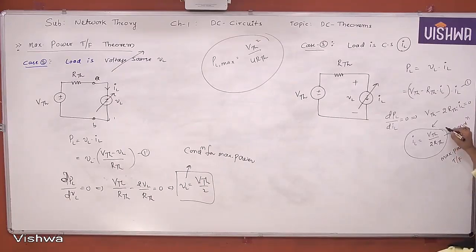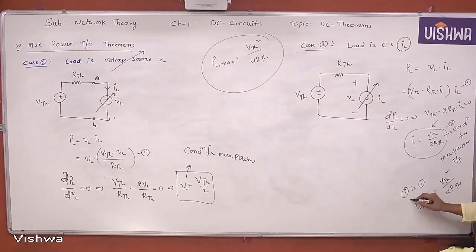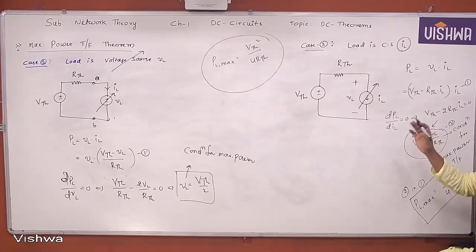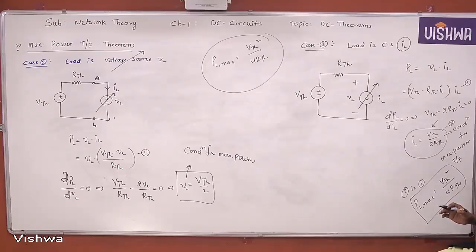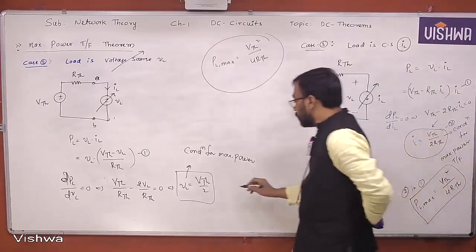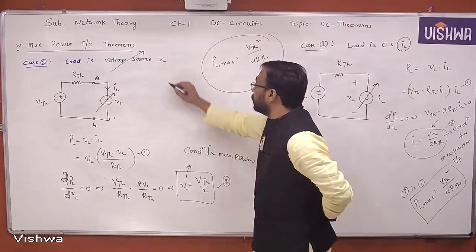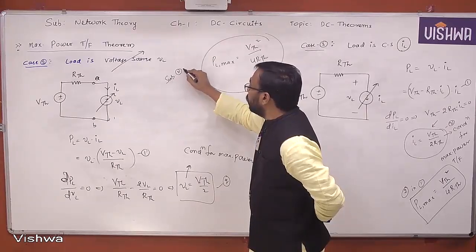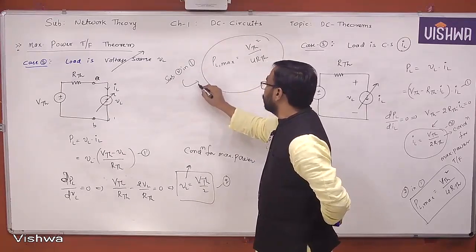When you substitute equation 2 in 1, you get PL max, and I'm sure that you will get VTH square by 4 times RTH. This formula is the same for resistor, inductor, resistor, voltage source and current source when the load is, okay? Substituting equation 2 in 1, you will get this.